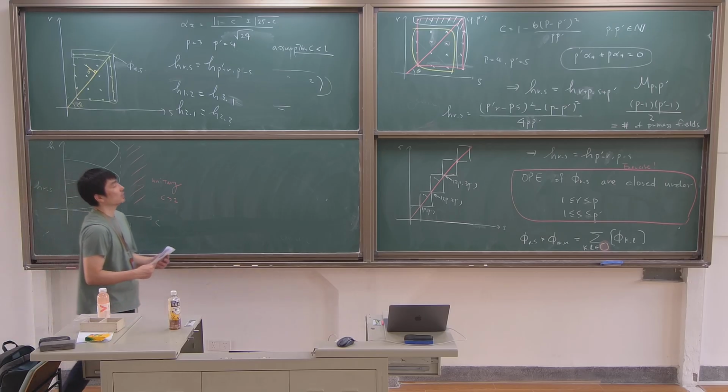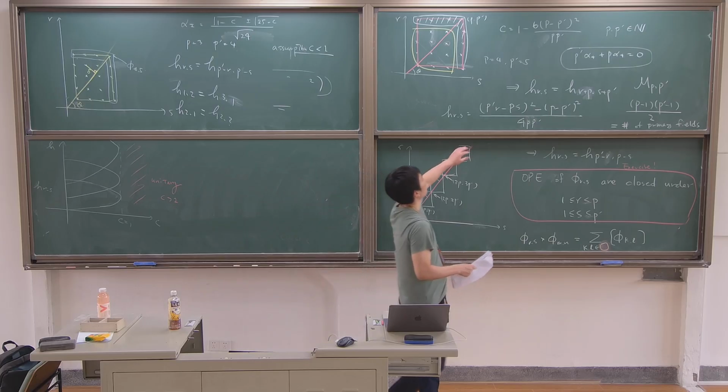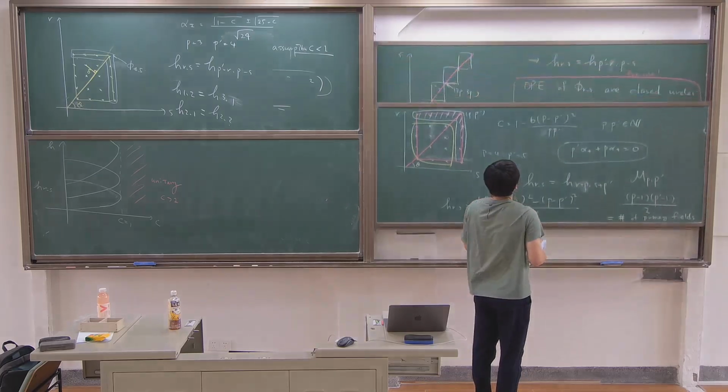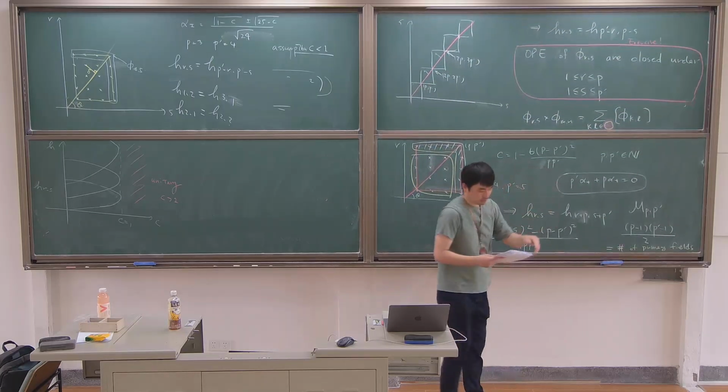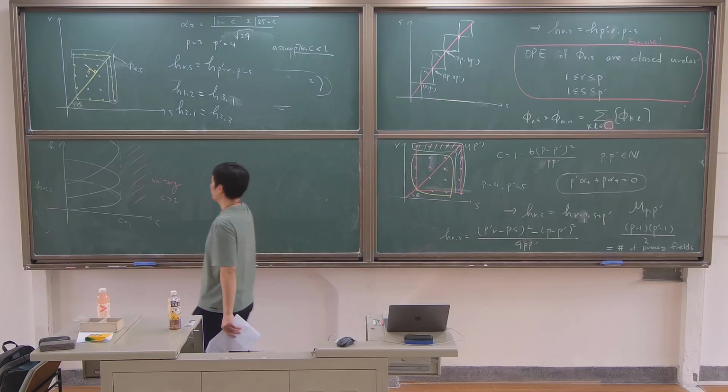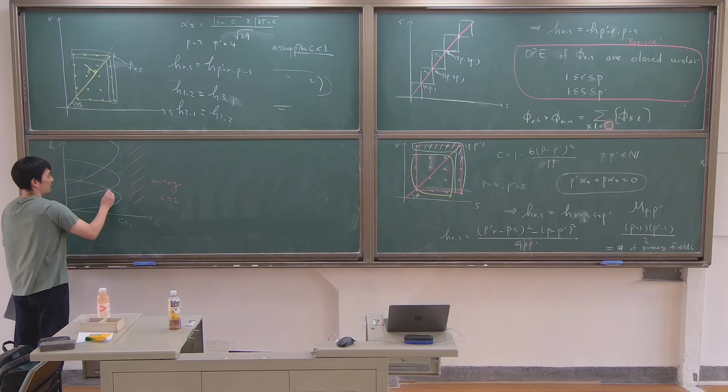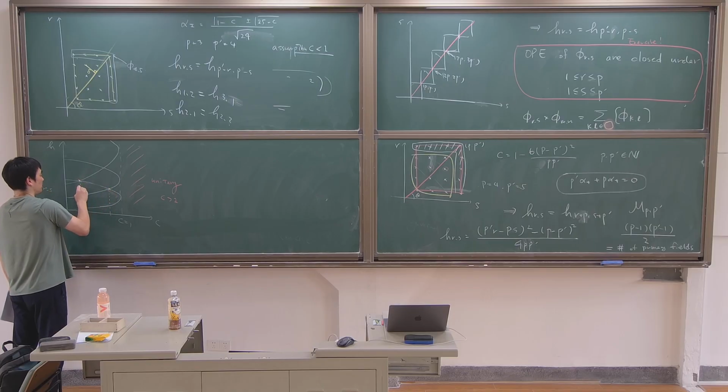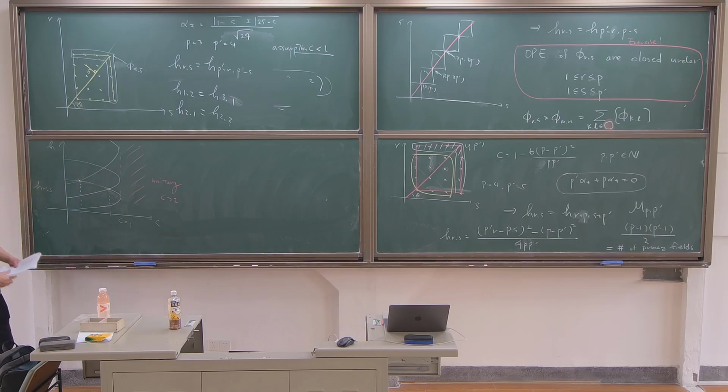C is a particular value. So C is a particular value of this one, and this one only appears when the curves intersect.